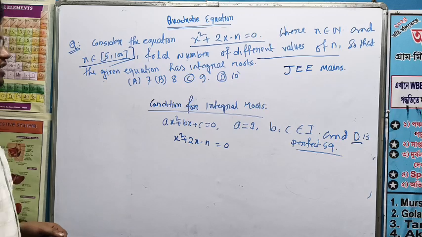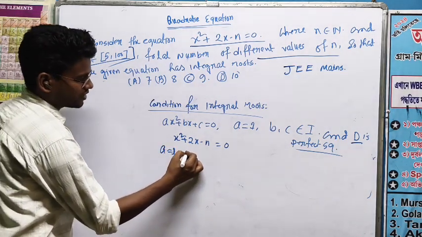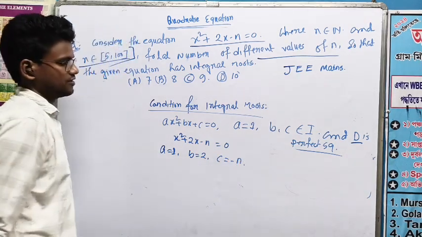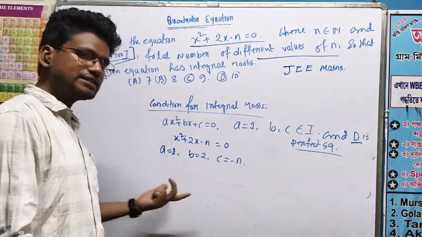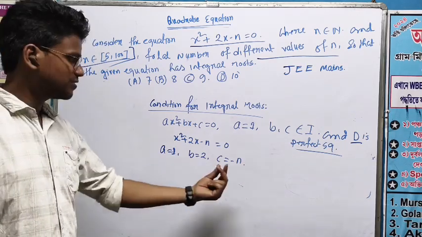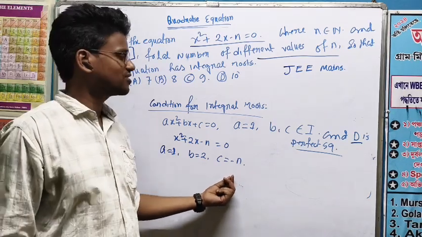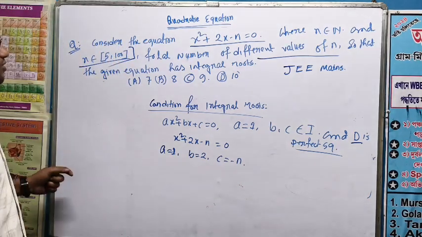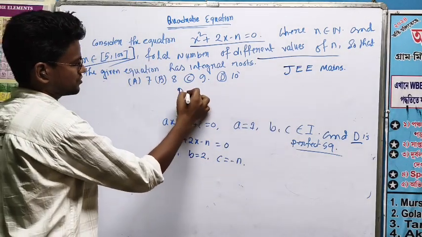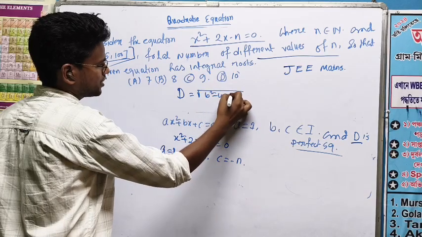So here a equals 1, b equals 2 and c equals minus n, and all are integers. n is a natural number, and minus n is its negative, which is also an integer. Now we want to determine D, which is the root of b square minus 4ac.